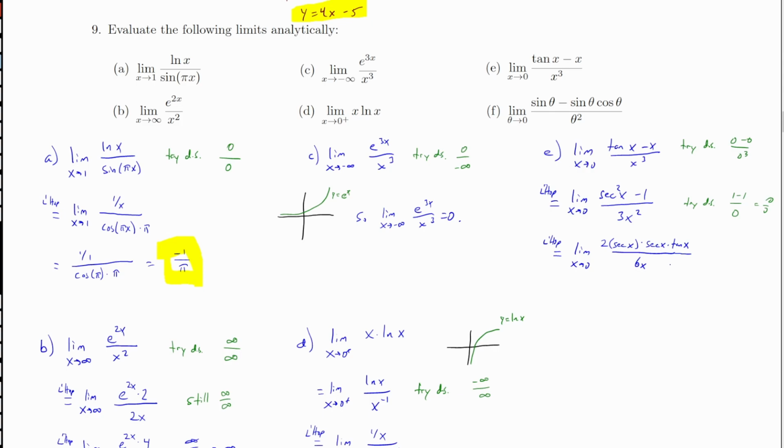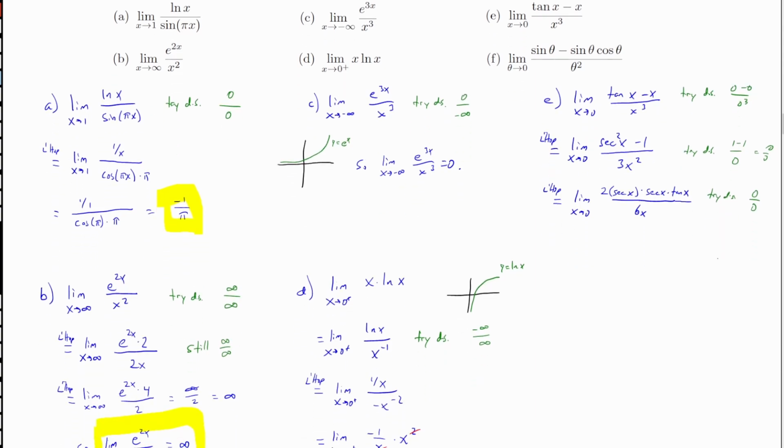Okay. And if I try direct substitution, tangent of 0 is 0. So the whole numerator is all multiplied stuff, so that's all going to be 0. So we have 0 over 0. We're going to have to do L'Hopital's rule again.